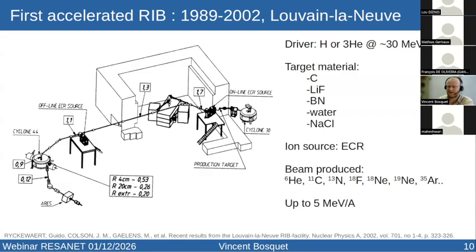The ion sources coupled to the targets are of the electron cyclotron resonance type, and you can see a few of the beams that have been produced: helium-6, carbon-11, etc. Using other cyclotrons, they have been able to post-accelerate the radioactive ion beam to perform experiments with them.